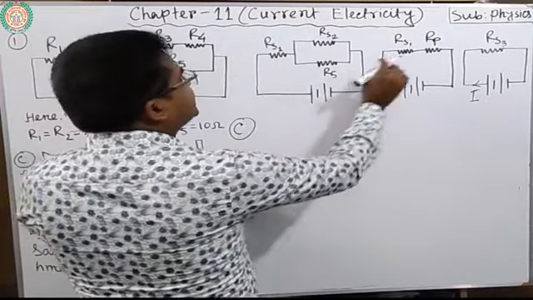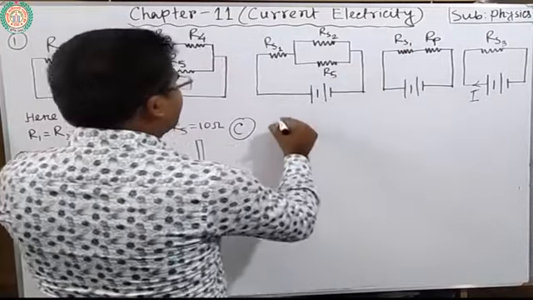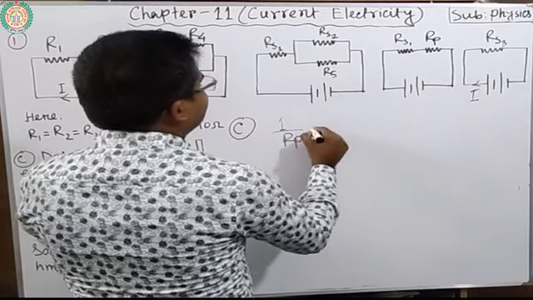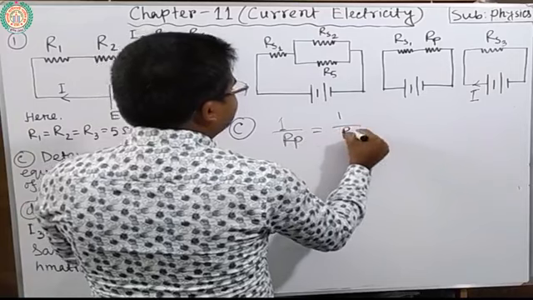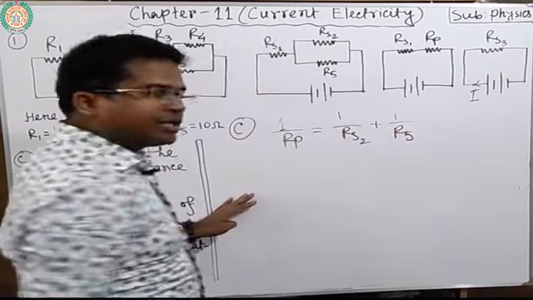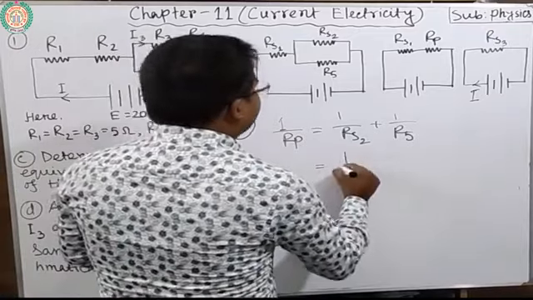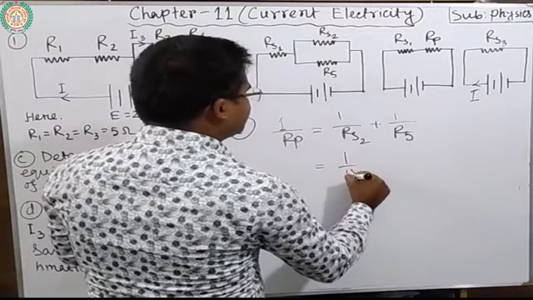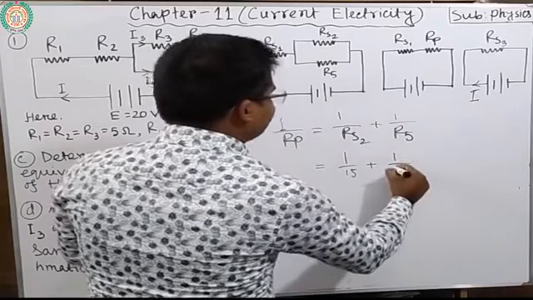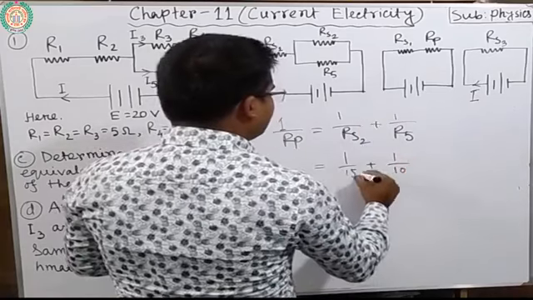As the equivalent resistance is RP, you can write 1 by RP is equal to 1 by RS2 plus 1 by R5. So you can put the value of RS2, which is 15, plus the value of R5, which is 10 ohm.